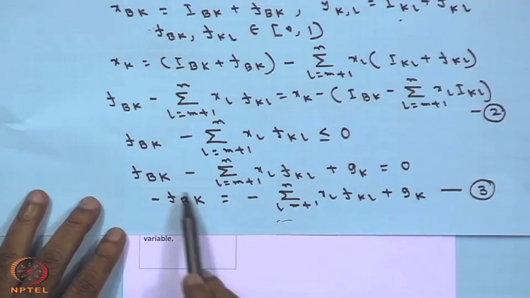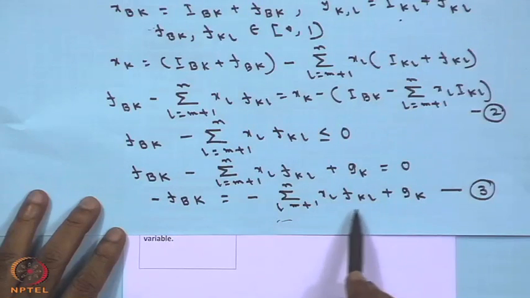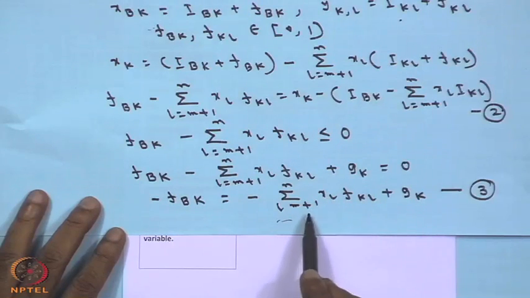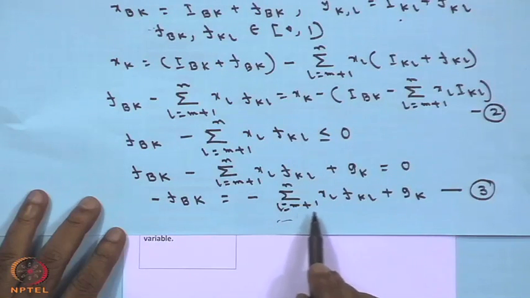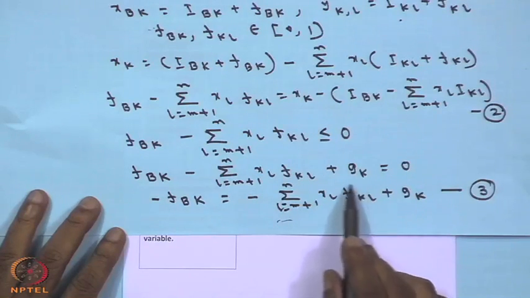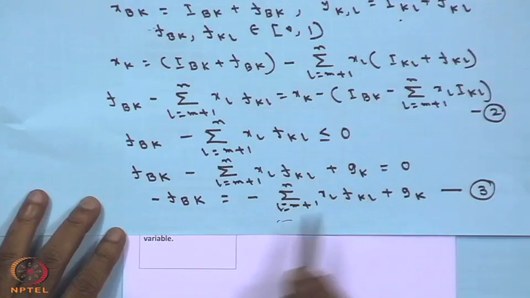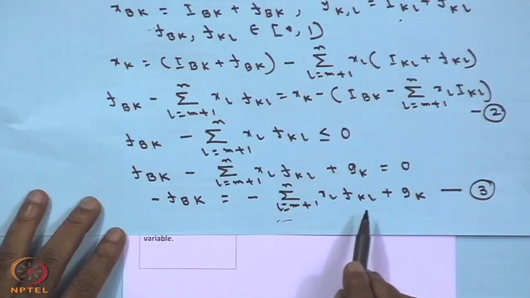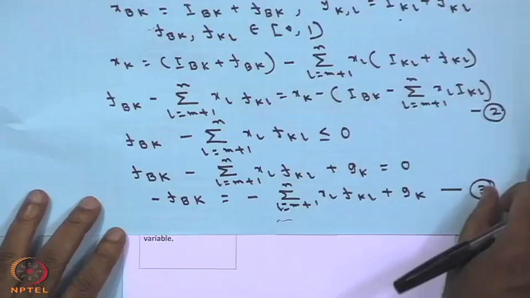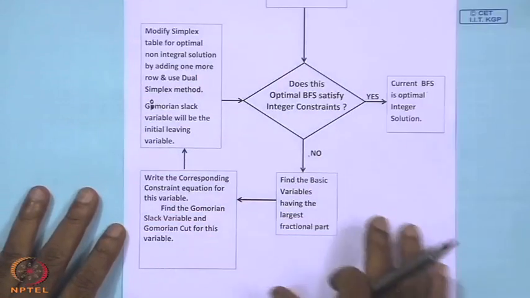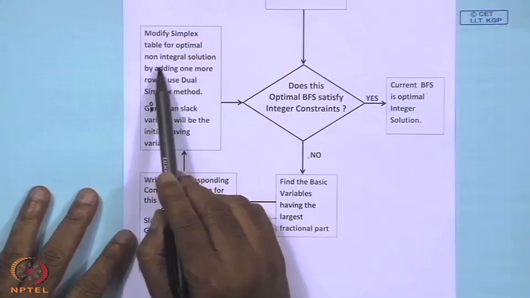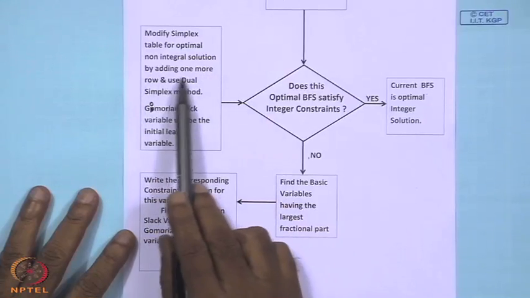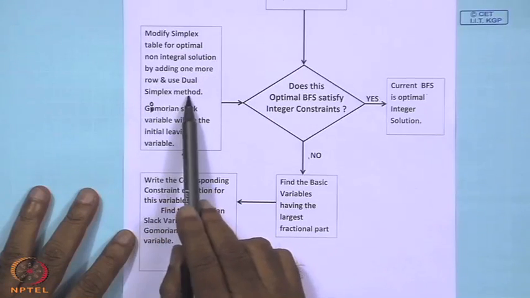Minus fBk is the B value, and please note one thing: here we are taking the sum for l equals m plus 1 to n of xl fkl. That means for that row you will take only those variables where you have the fractional part. So, once I have done this, modify the simplex table for the optimal non-integer solution by adding one more row, and use the dual simplex method.